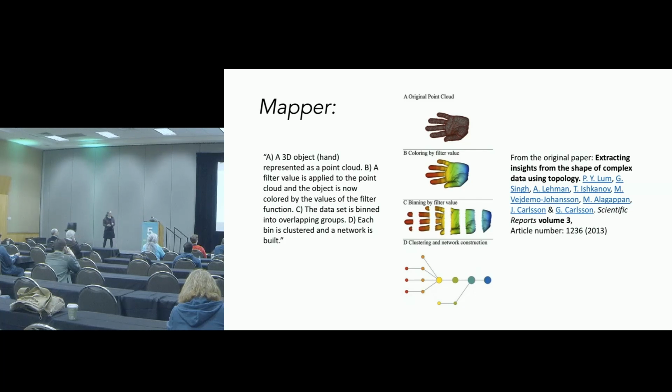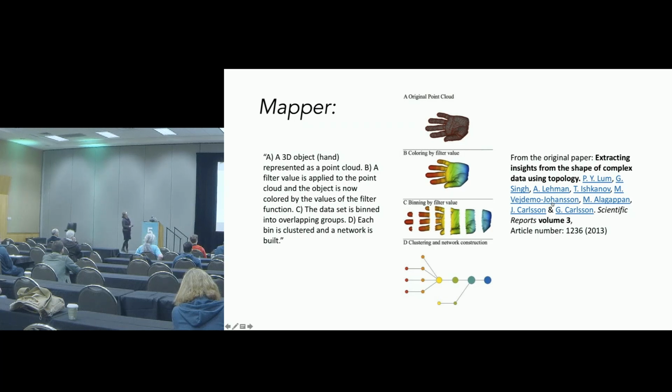Play with that. Here's a quote from the original paper that introduced this. That was not done by me, but by all these folks. Gunnar Carlsson is at Stanford. A few of these folks started this startup, Ayasdi, and others are at places like Intel.